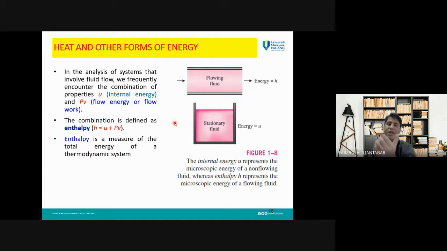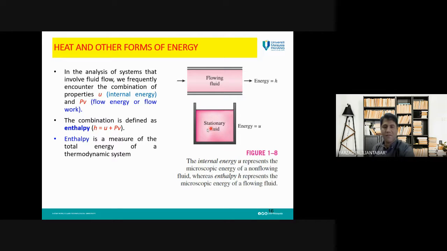To study heat transfer for different systems, this word, system, is important. System means we select a boundary for what we are going to study. Imagine, for example, this is a tank and we have a liquid inside it.